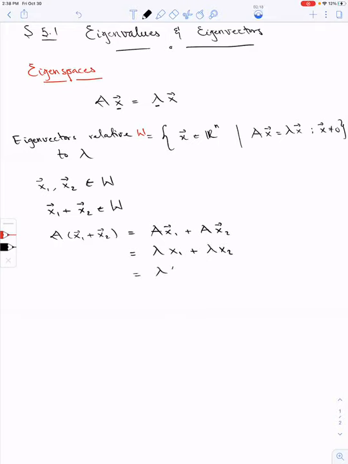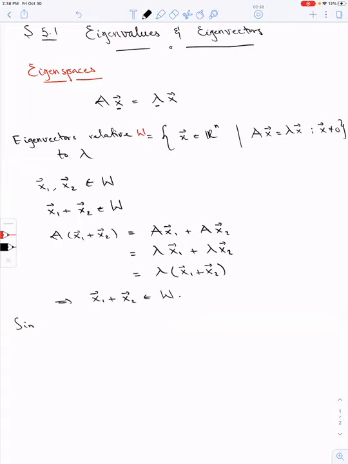Hence, I can write this as lambda times (x1 + x2), which implies that x1 + x2 is in W.